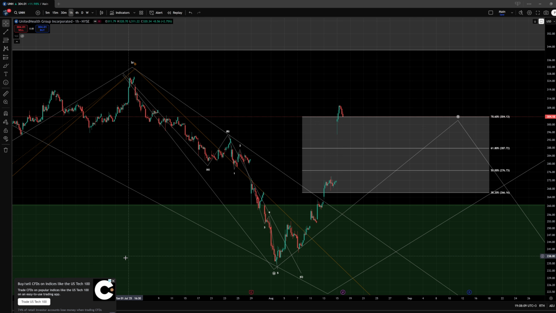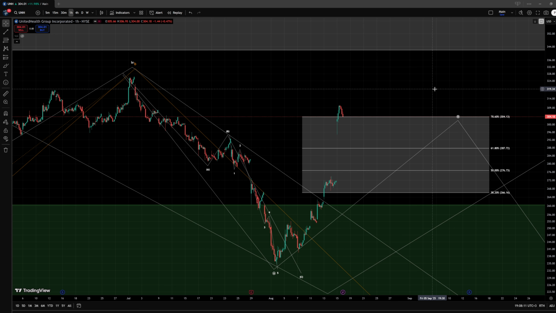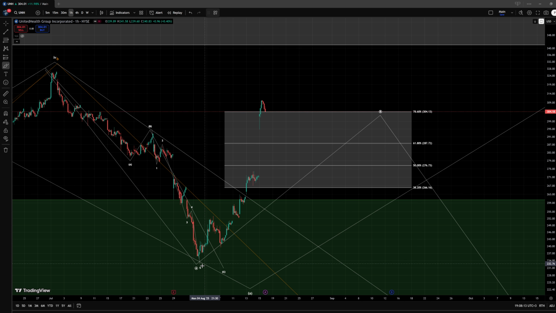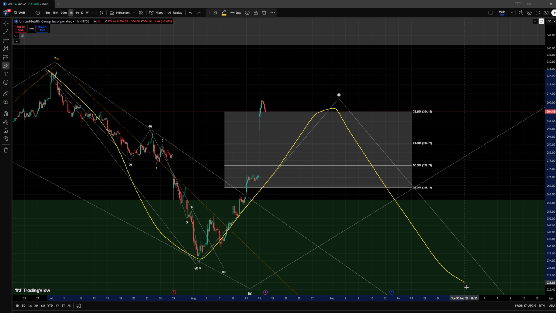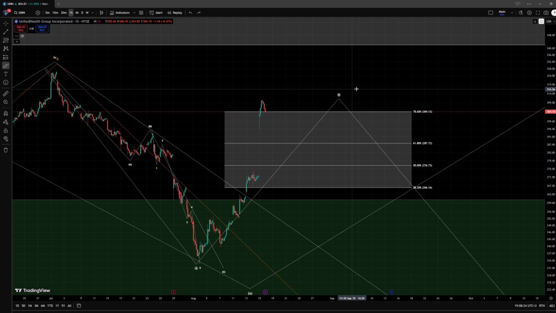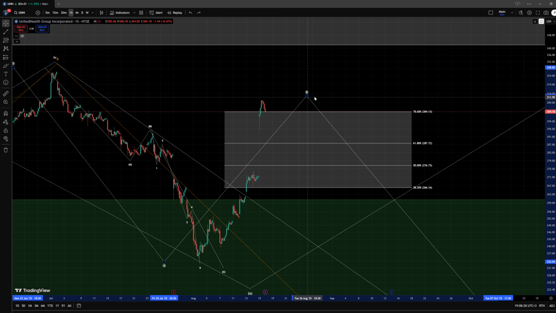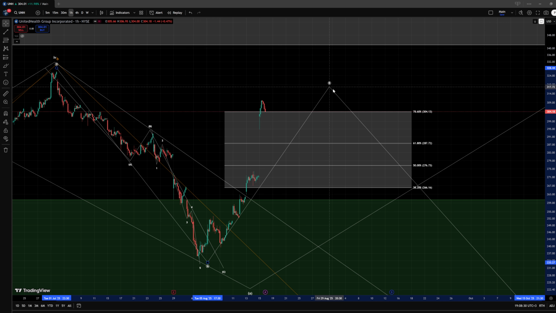Now we did break above the resistance level for this B wave, in this case where we would have a larger ABC pattern in the A wave to the downside, in the fifth wave of the A wave to the downside, and that is a pretty solid indication that we could continue directly higher.